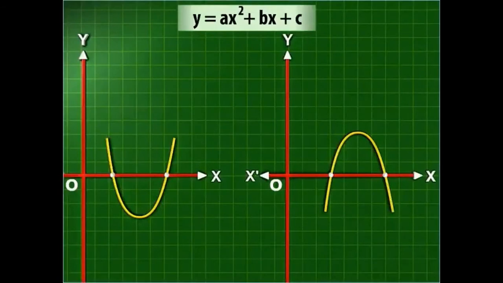There are three possible cases while studying the shape of the graph of a quadratic polynomial. In the first case, the graph cuts the x-axis at two distinct points A and A dash. Here, the two zeros of the quadratic polynomial are the x-coordinates of A and A dash.